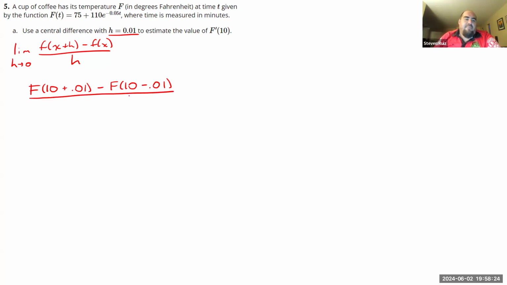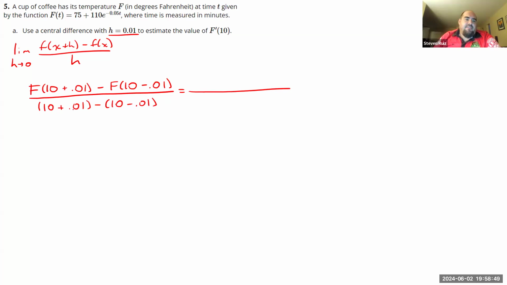And I divide that by, for now, the difference in these points. So these are the difference in y values. What's the difference in x values? The difference in x values is 10 plus 0.01 minus 10 minus 0.01. So what's going to happen in the denominator there?